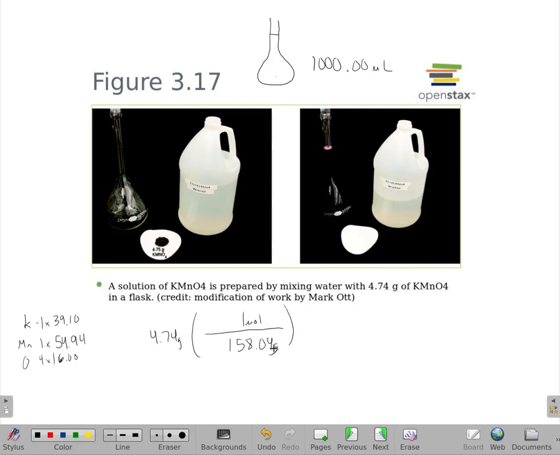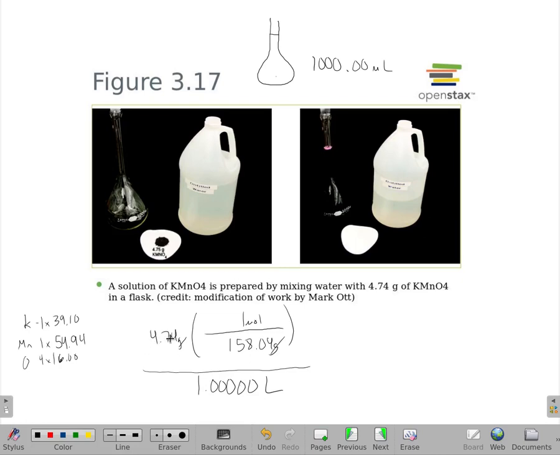All right. If we did that calculation, that would give us the moles of KMnO4. To turn it into a concentration, we take those moles and divide it by the volume in liters, which would be 1.00000 liters.